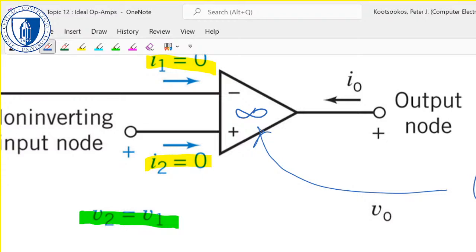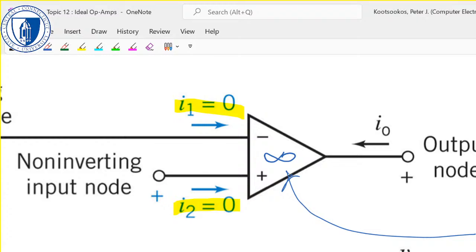The three things you've got to remember are that there's no input current, that there's no difference in the voltages, and that lack of difference in the voltages is implied by infinite gain.